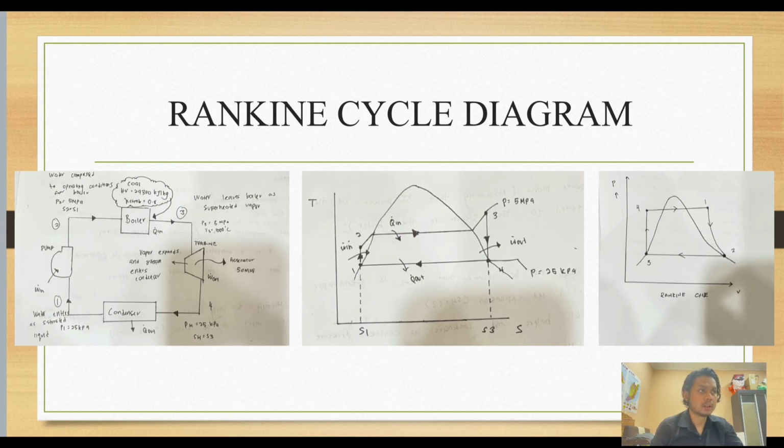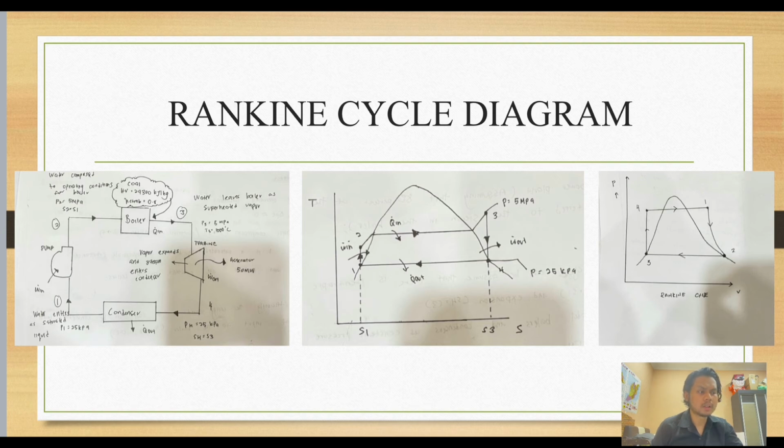So this is the Rankine cycle diagram. In the Rankine cycle diagram, 1 to 2 is isentropic compression in a pump. So what is 1? 1 is water entering as saturated liquid, and 2 is water compressed to the operating condition of the boiler. And then 2 to 3 is constant pressure heat addition in a boiler. 3 to 4 is isentropic expansion in a turbine.